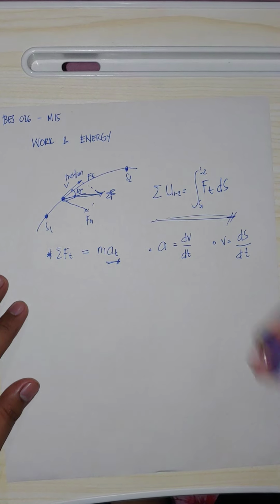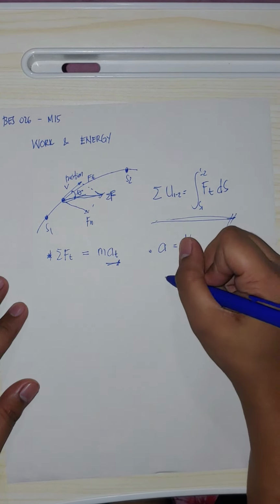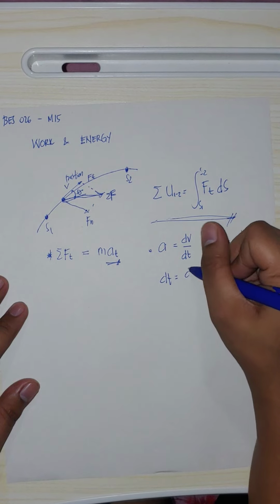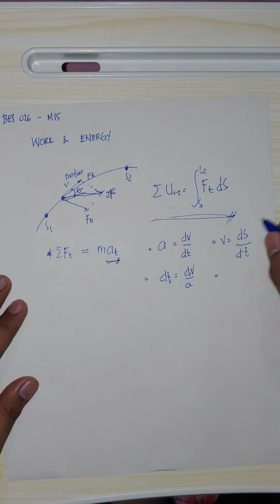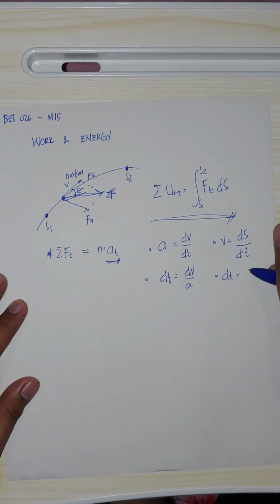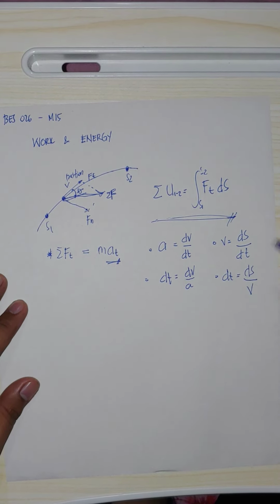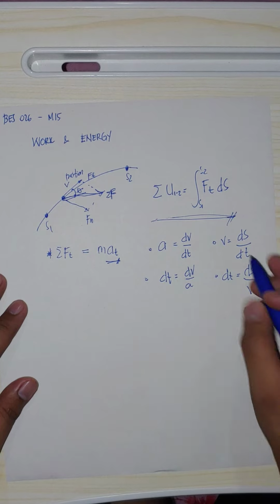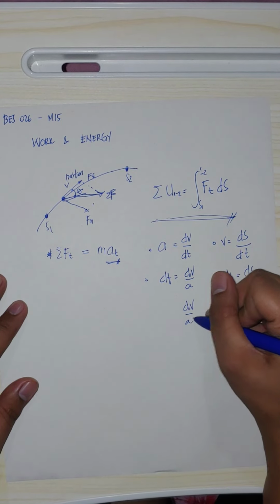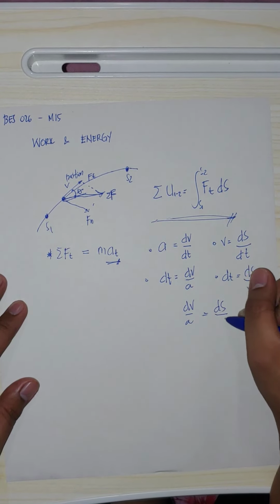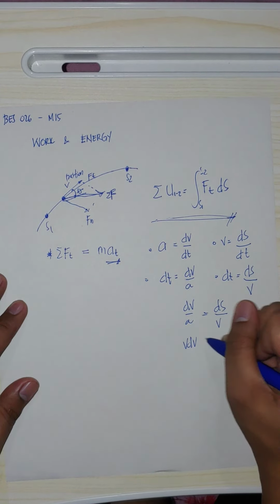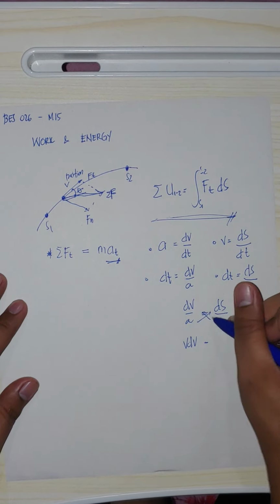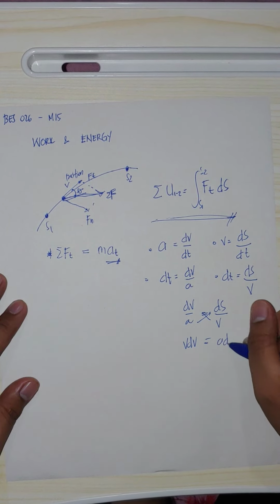And then, if we simplify, solving for dt, we have dt is equal to dv over the acceleration. The same for the velocity, we have dt is equal to ds over v. Equating the two equations, we have dv over a is equal to ds over v. Or, if we cross-multiply, v dv is equal to a ds.